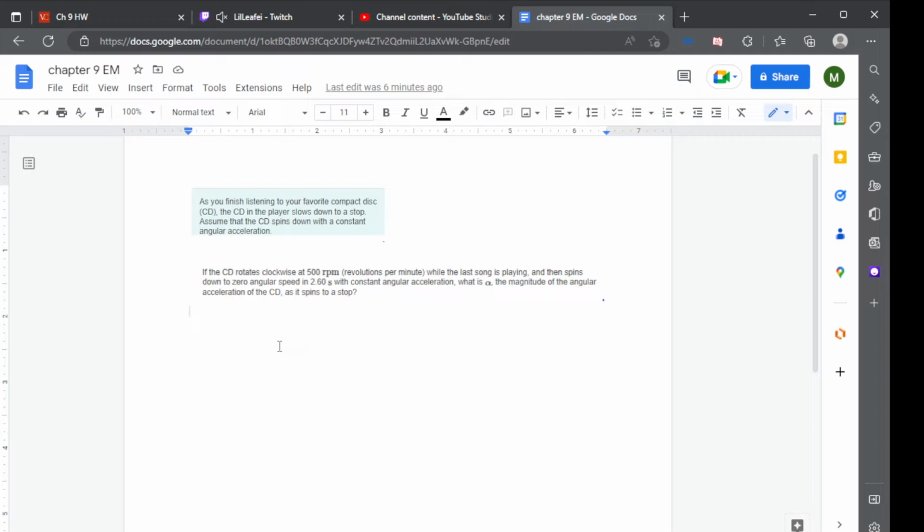So, looking at this, we're going to use constant angular acceleration motion, for which the formula is W final equals W initial plus A T, and we're looking for acceleration.